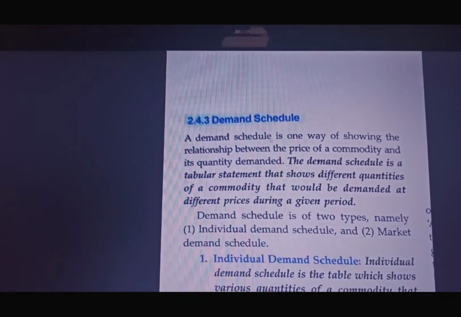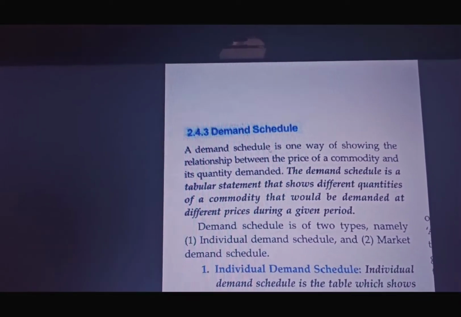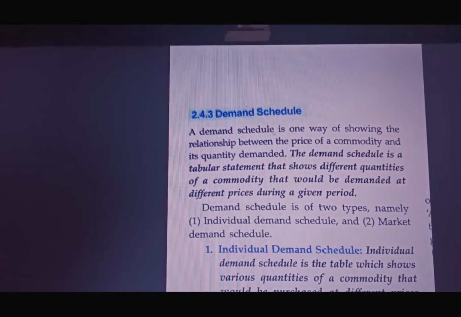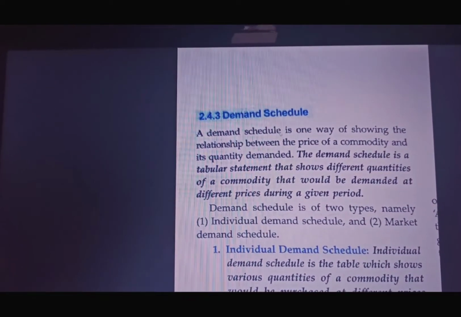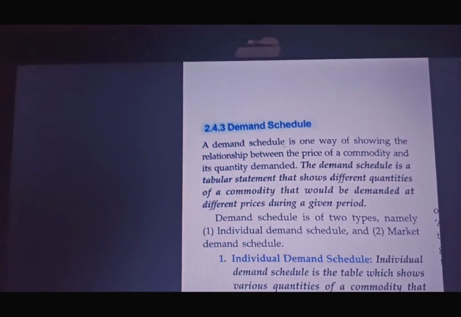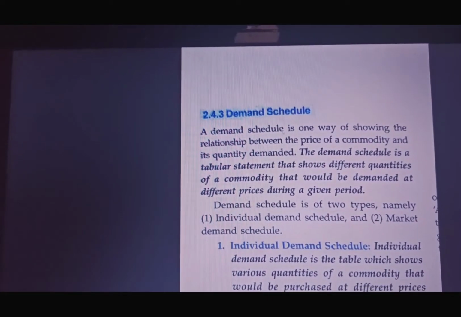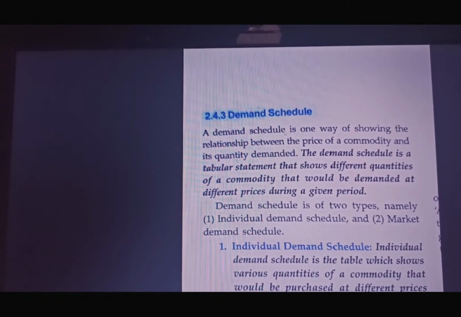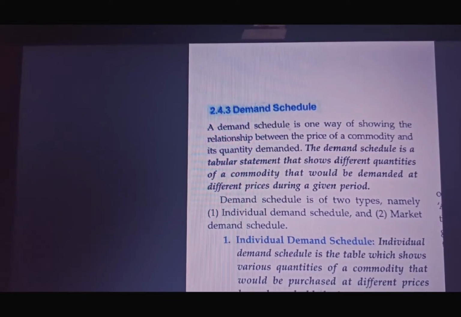An individual demand schedule is when an individual consumer is willing to buy something at a particular price in a given time period.